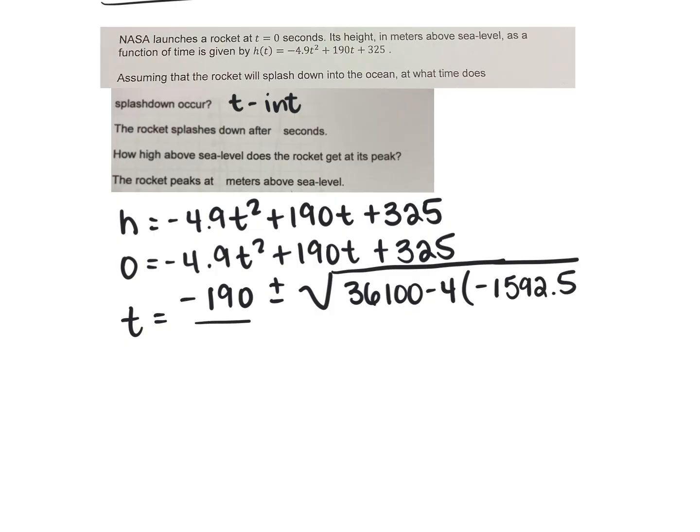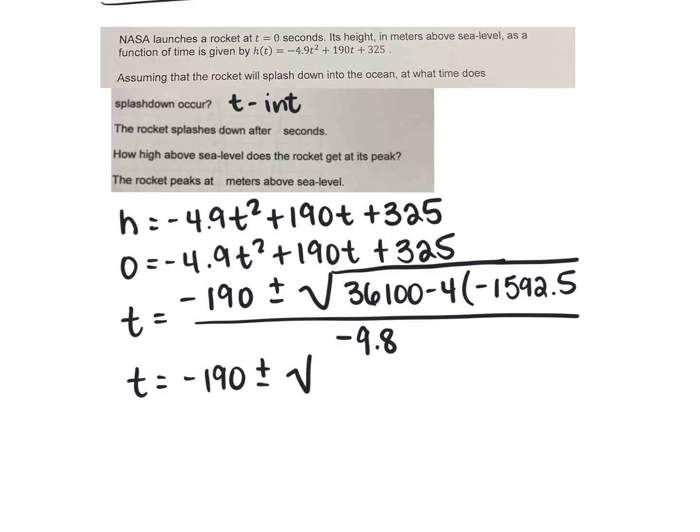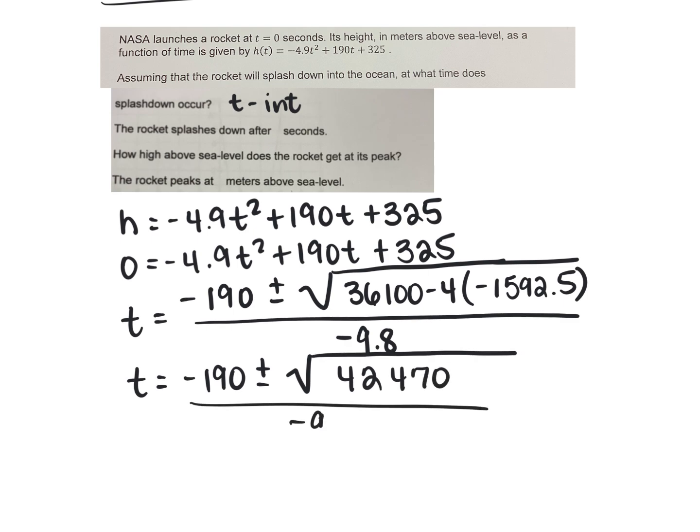And we are dividing that entire thing by 2 times a, which is negative 9.8. Cleaning this up a little bit, we end up with negative 190 plus or minus the square root, and I'm going to do that entire calculation underneath there, giving us 42,470 under that radical. And then that whole thing is divided by negative 9.8.